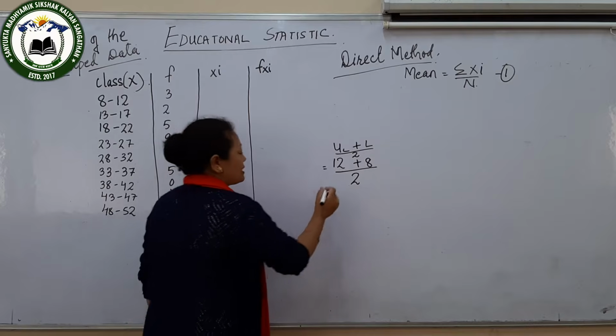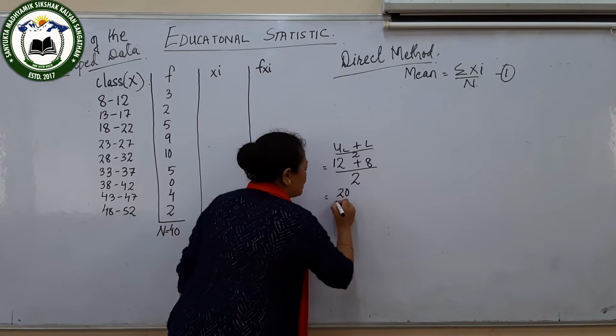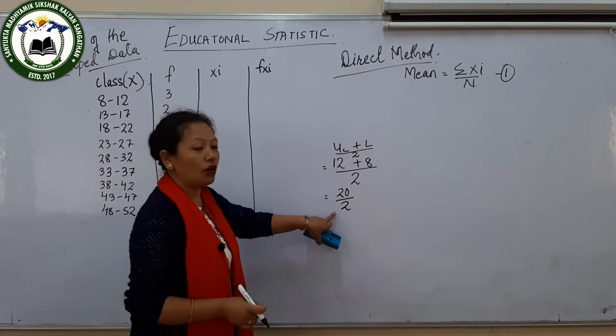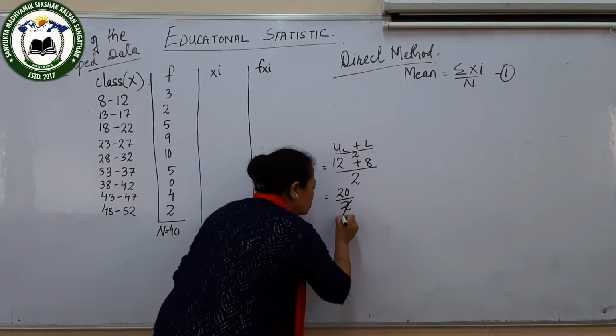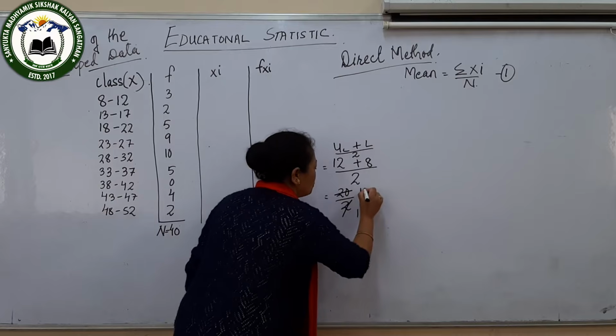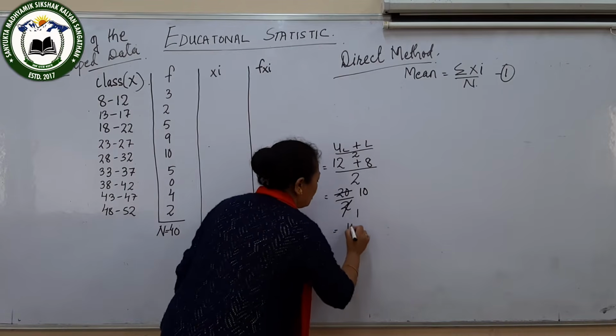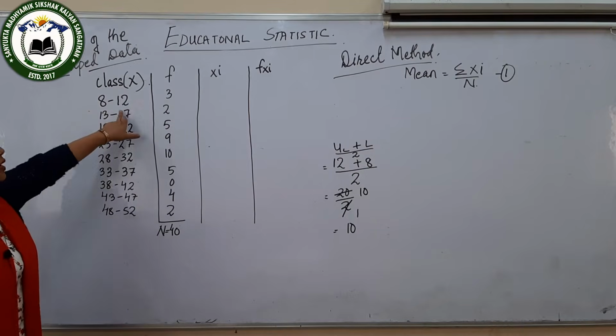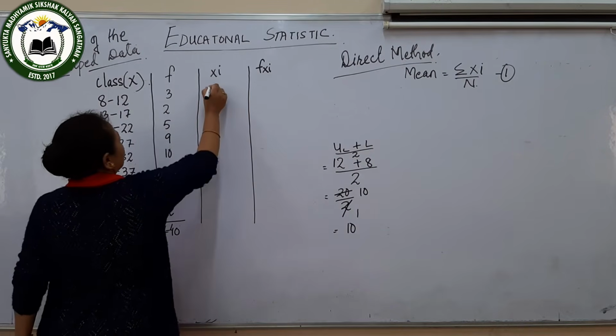So 12 plus 8 is 20, divided by 2, so we have 20 upon 2, which is 10. So my midpoint between 8 and 12 is 10.